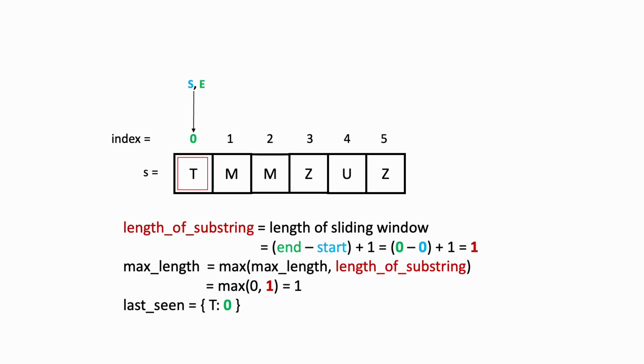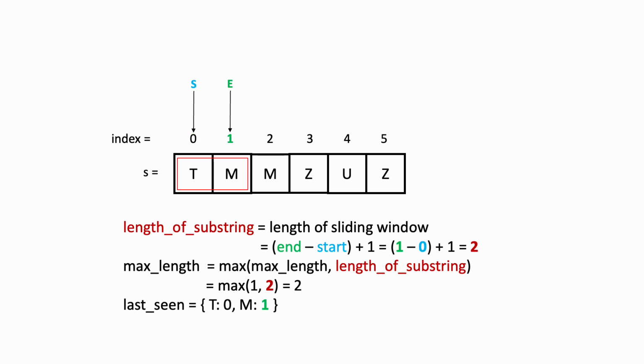We will initialize s and e pointers to 0. We will compute the length of the current substring T, which is 1. We will update the max length value from 0 to 1, and then we will insert the current element and its index in the last seen hashmap.